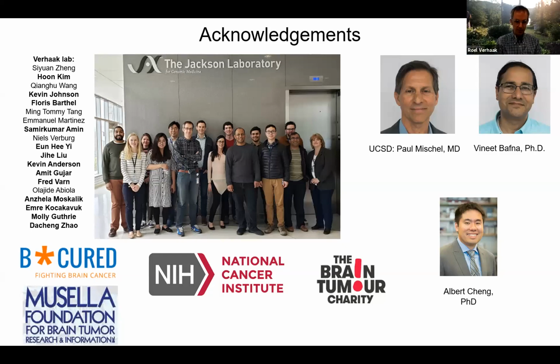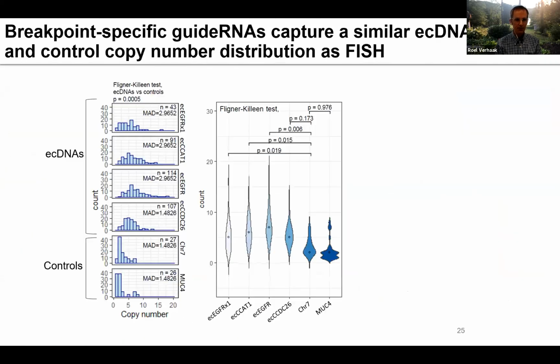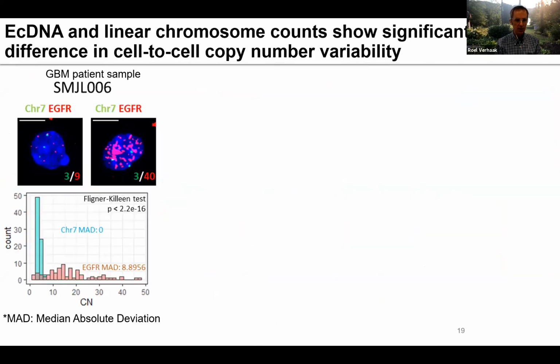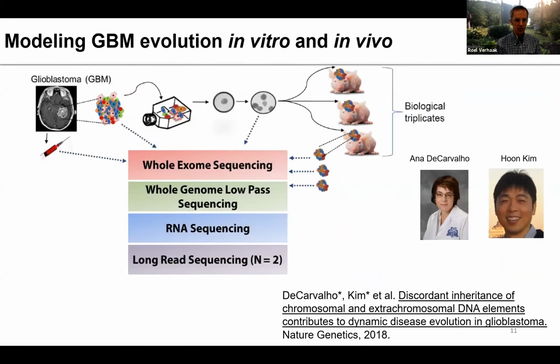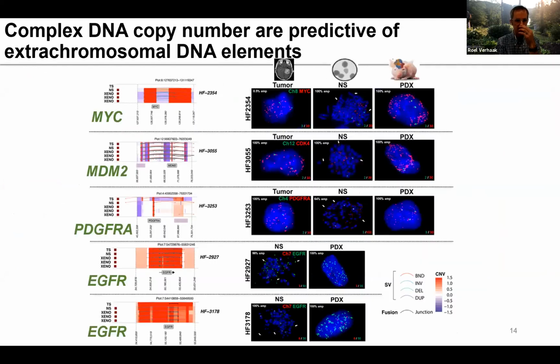Yeah, let me flip back my slides because I think it will help to address that question. So this is the slide that I want to go to. So we detected ecDNAs. Remember, we started with a set of 13 patient samples and then derived neurospheres and then derived xenografts.